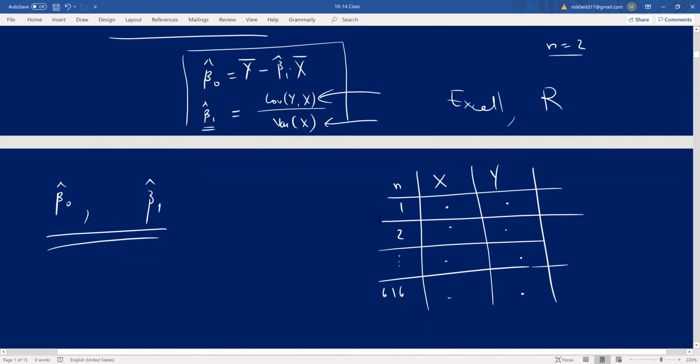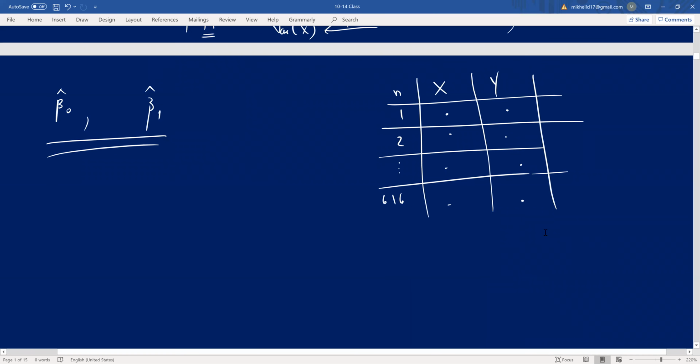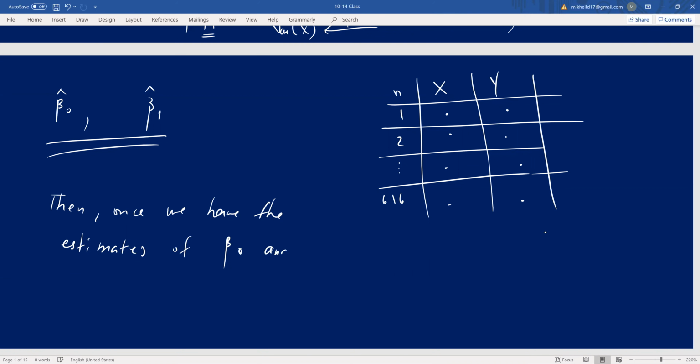But then you are interested in testing the hypothesis about, once we have the estimates of beta 0 and beta 1, we are interested thereafter in testing the hypotheses.